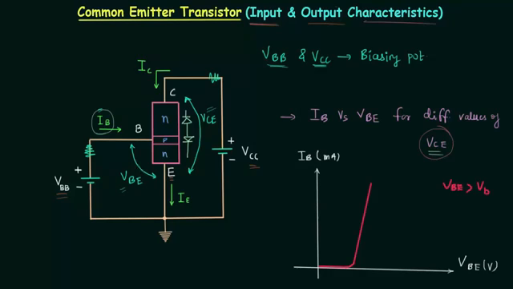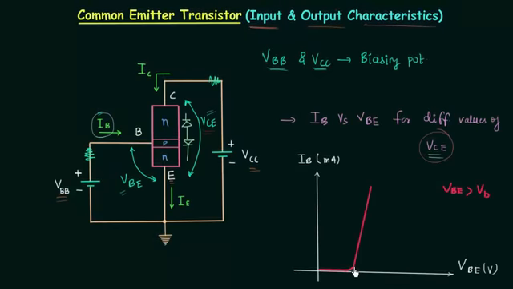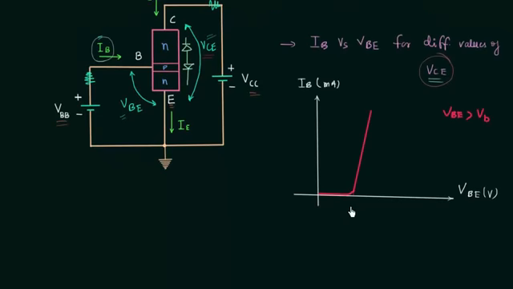The next thing is the effect on characteristics because of the output voltage VCE. I am considering the silicon diode, so the barrier potential is equal to 0.7 volts. In order to find out effect on characteristics because of the output voltage VCE, we need to revisit the early effect or the base width modulation.